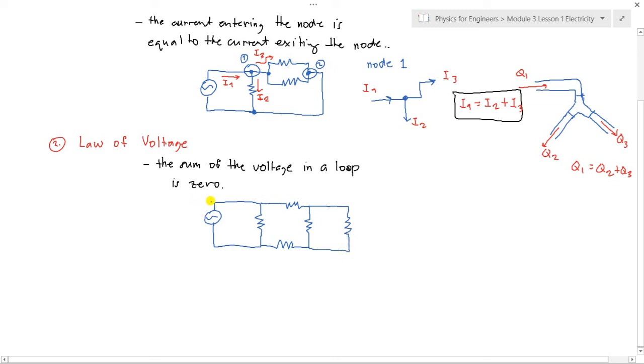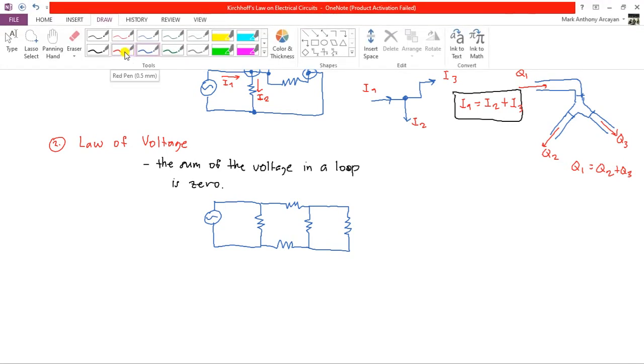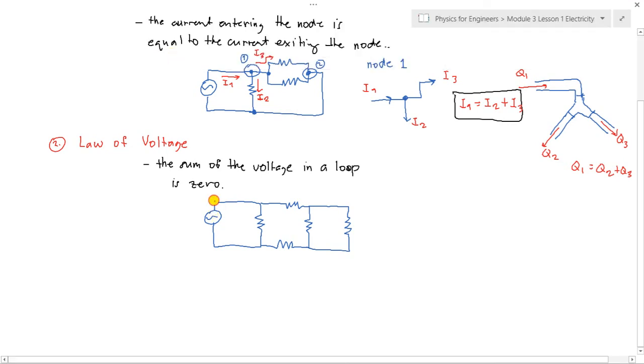Here, if I label this one, let's say this is A, and I label the nodes B, C, D, then the nodes E, F, then G. This one is H. So the law of voltage states that the sum of the voltages in a loop is 0.